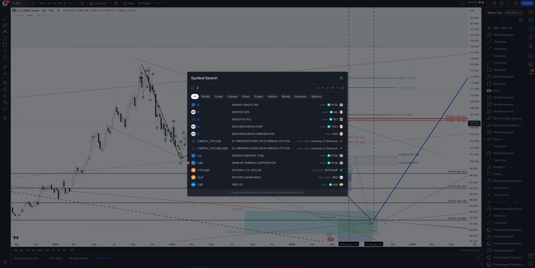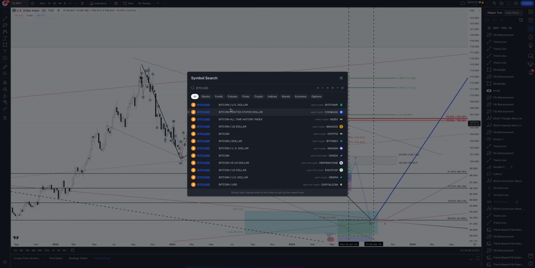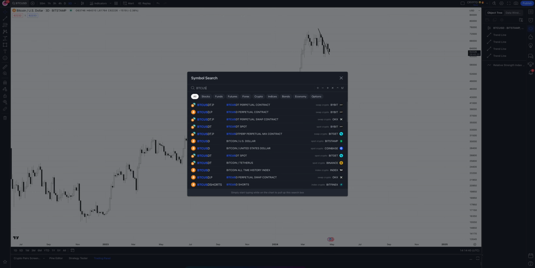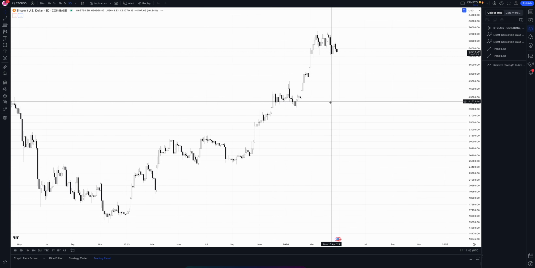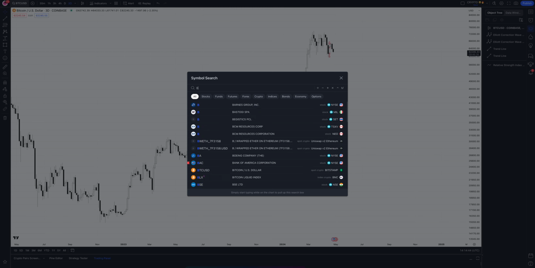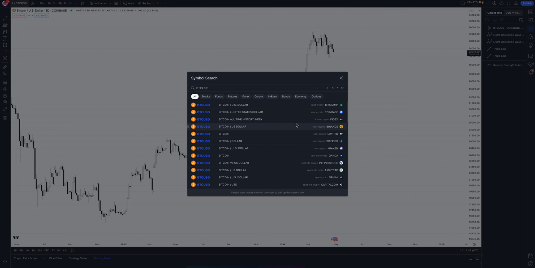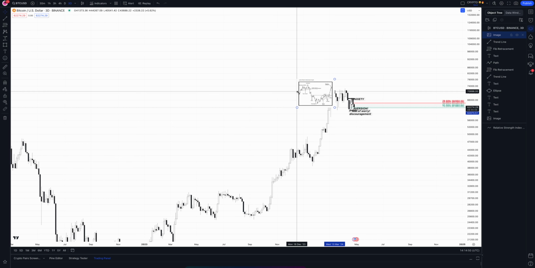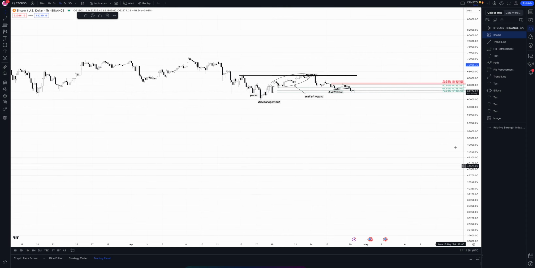And let's take a look at another chart that I have here. Okay, so let's take a look at this chart here. This is the Justin Mamoth sentiment cycle. Let's go on the 4-hour time frame.